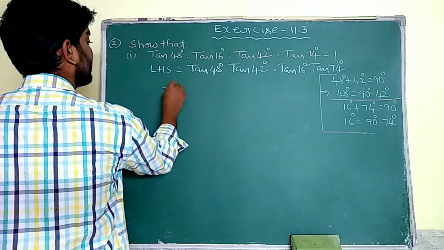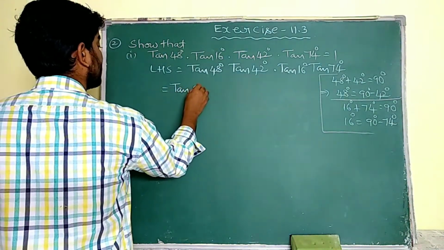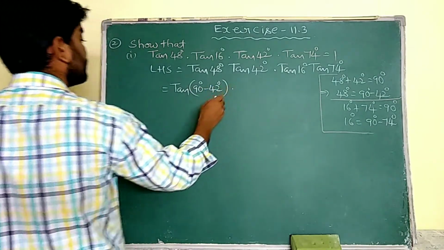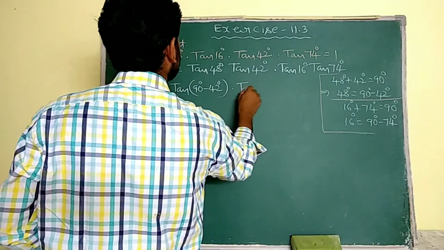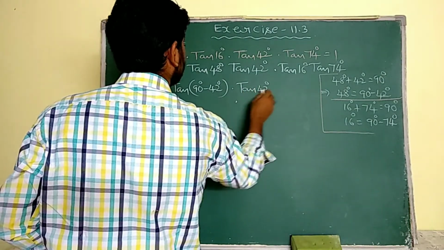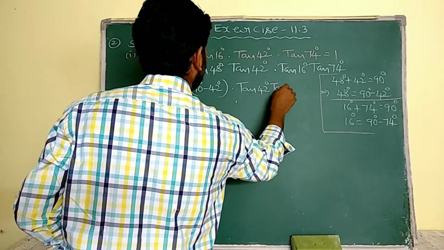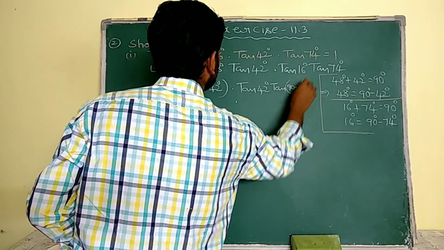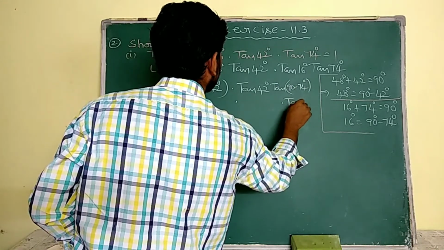See, tan, I am going to express this 48 degrees as 90 minus 42 degrees into tan 42 degrees as it is, into tan 16, which means 90 minus 74 degrees, into tan 74 degrees.